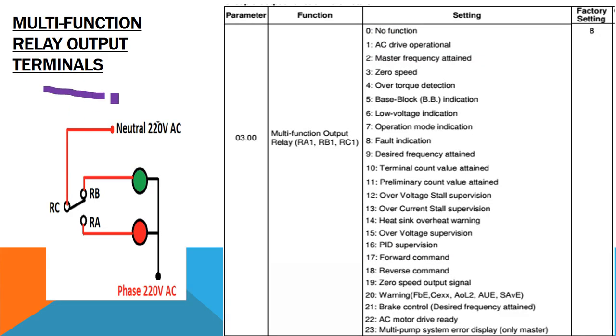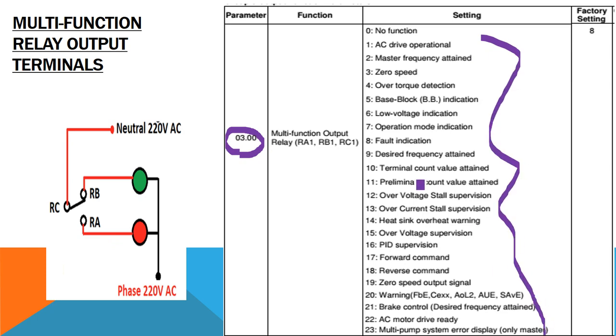And multifunction relay output terminal. In the VFD, we already saw that there are potential free relay contacts. RC is the common contact of relay. RB will be there, RA will be there. RB is normally closed condition and RA is normally open condition. The parameter will be selecting multiple options, and based on these options, we can change the condition of RB and RA. For example, if you are selecting 3.0, it is not connected to any function. It will be continuing as it is.